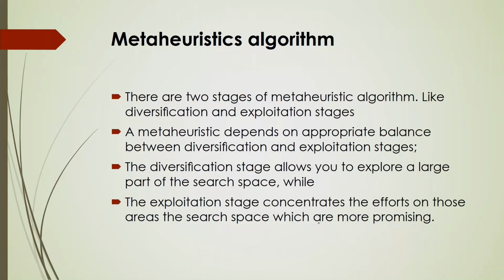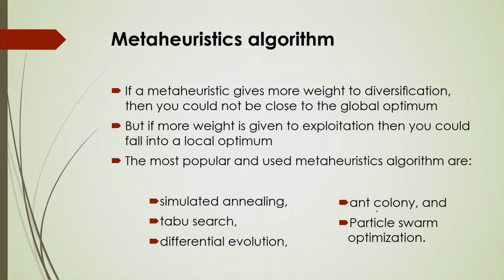There are two stages in metaheuristic algorithms, diversification and exploitation. A metaheuristic depends on an appropriate balance between the diversification and exploitation stages. The diversification stage allows you to explore a large part of the search space, while the exploitation stage concentrates the effort on those areas of the search space which are more promising.